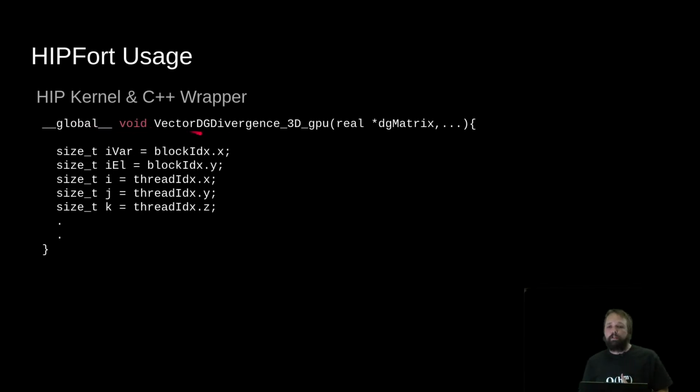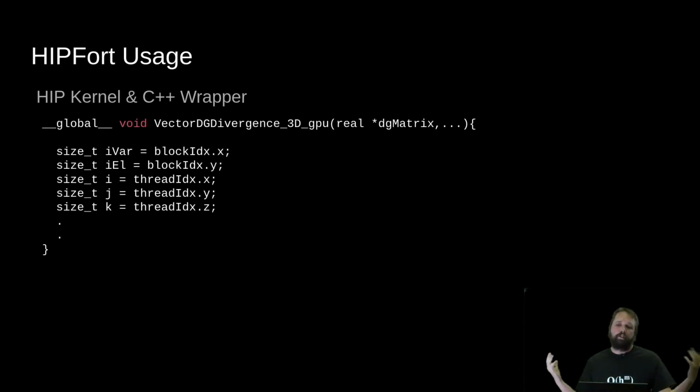In this example, I'm showing you just the vector DG divergence, as we'll be talking about this one in our benchmarks. If you've done GPU programming before, you're recognizing this already. For those of you who have not, the threadIdx and blockIdx intrinsics that come with CUDA or HIP allow you to reference the specific address of a single thread calling this routine.